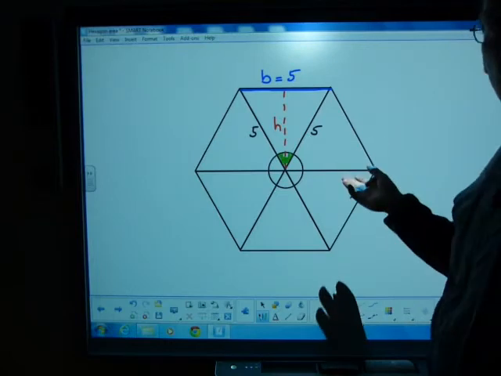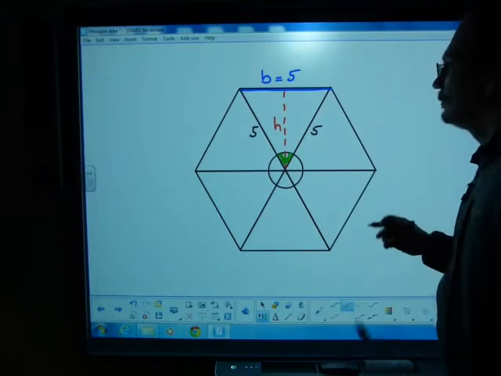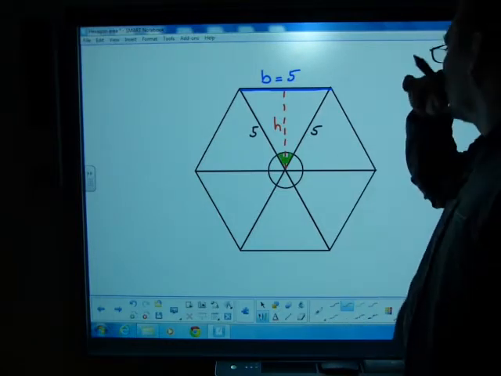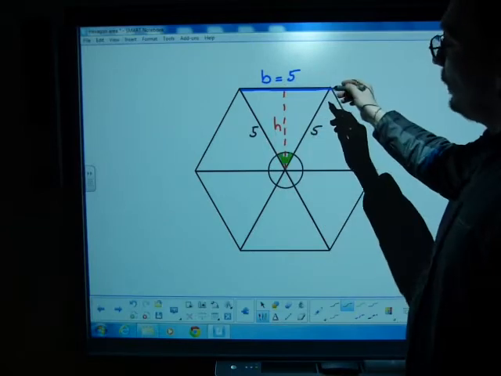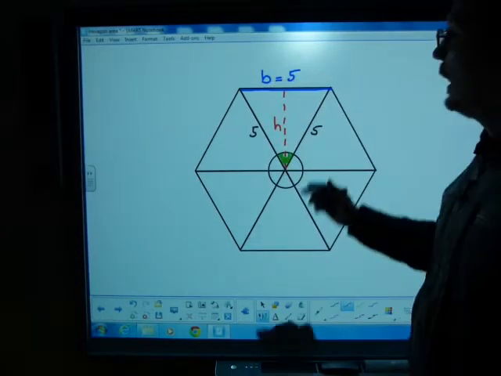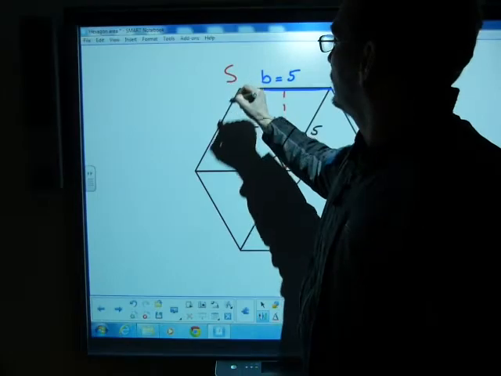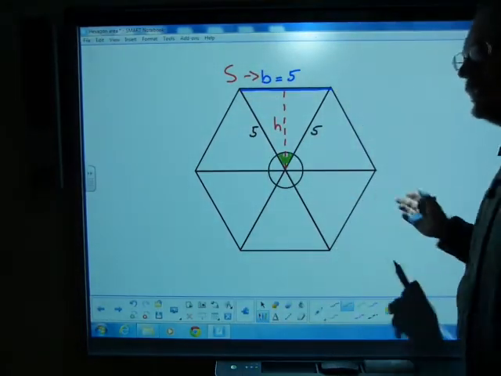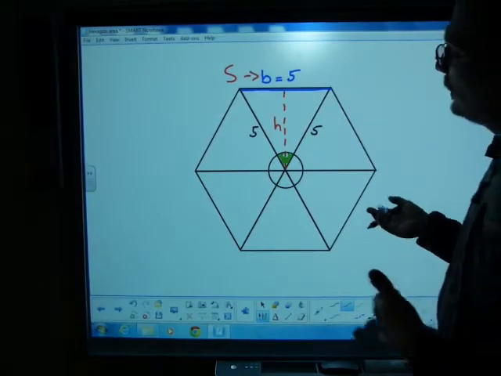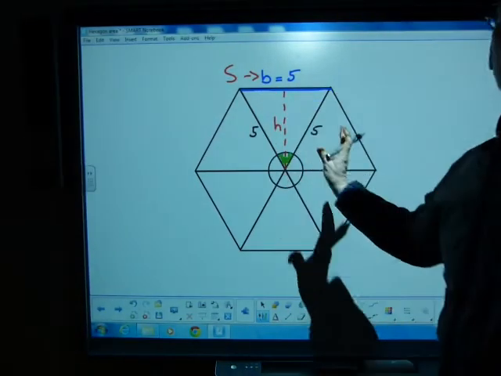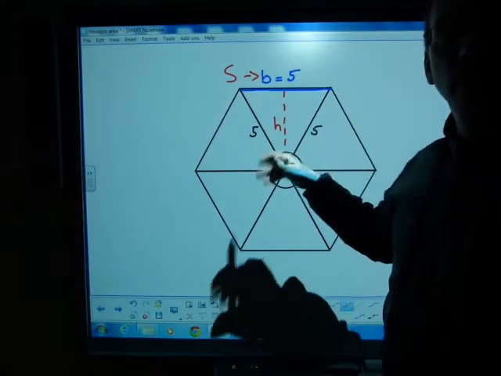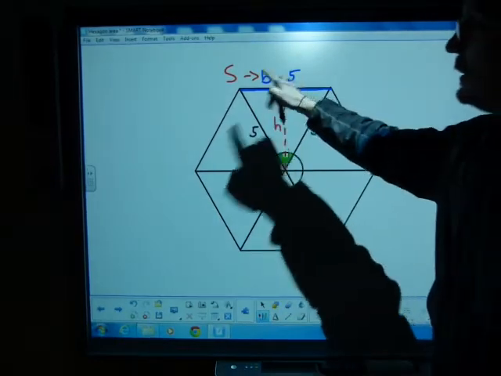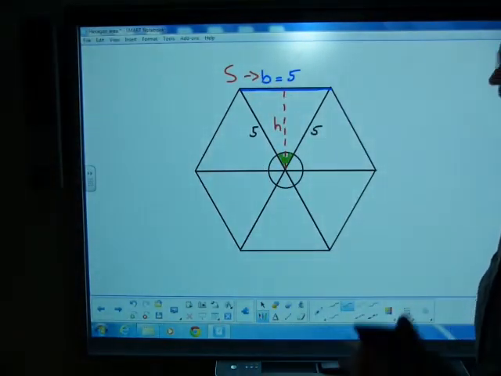Now to calculate the area of one triangle, nothing simpler than that. You grab the base, in this case it's 5. Now the side length, notice that the side length became the base. What is the side of the hexagon is the base of this triangle that I singled out. And I'm going to use the word base from now on, but it's the same thing as side for the hexagon.